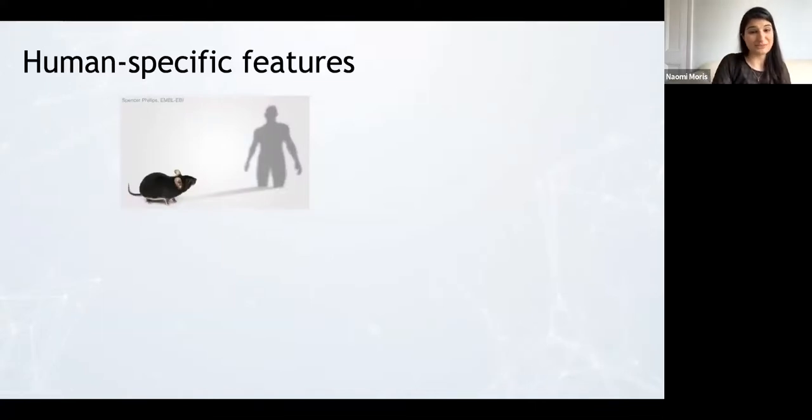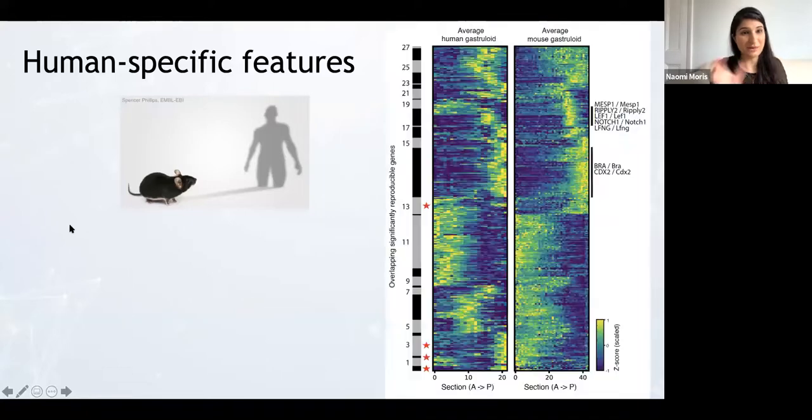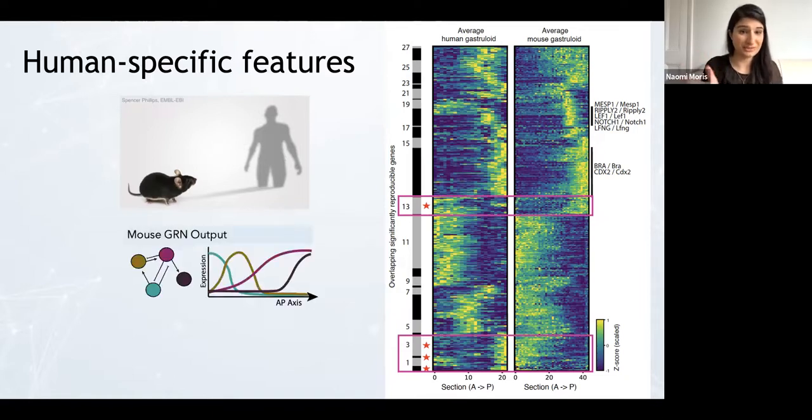So one of the other things we're really excited to do is to think about what might be human-specific about human gastruloids versus mouse gastruloids. This method picked out a whole load of things that were the same between a mouse gastruloid and a human gastruloid. There are a lot of genes that are expressed posteriorly in both, for example. But there are also some genes that were different in the two species, and we're now starting to think about what that might mean and whether we can learn anything new about humans relative to mouse.